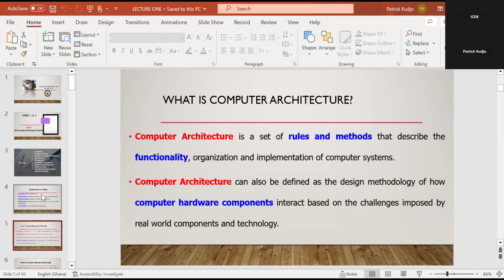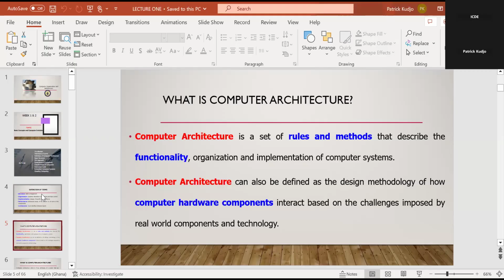And anytime we mention the computer hardware, it can be discussed from 5 main perspectives. What are these? We can talk about input devices, processing devices, storage devices, output devices, distribution or communication devices. So hardware can be looked at from 5 main perspectives.